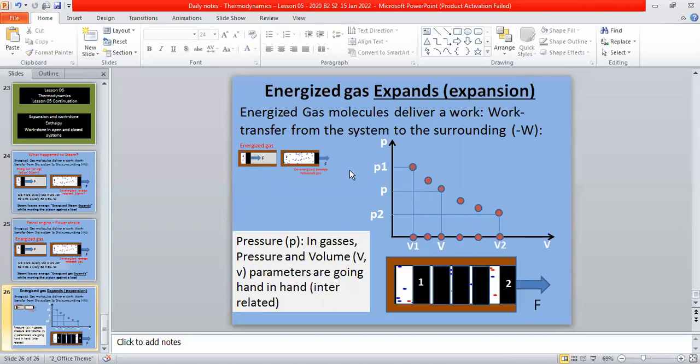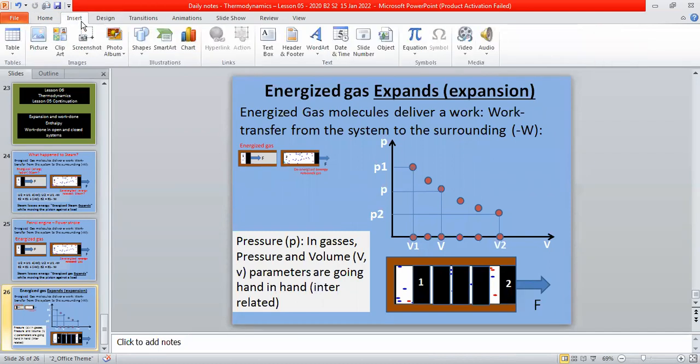Okay, good. And even 1 to 2, this changing of PV, there is a kind of continuity.